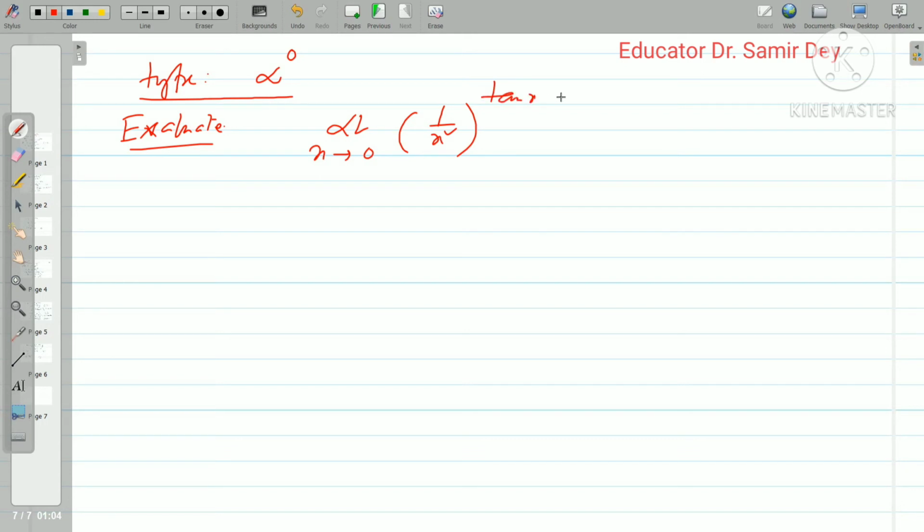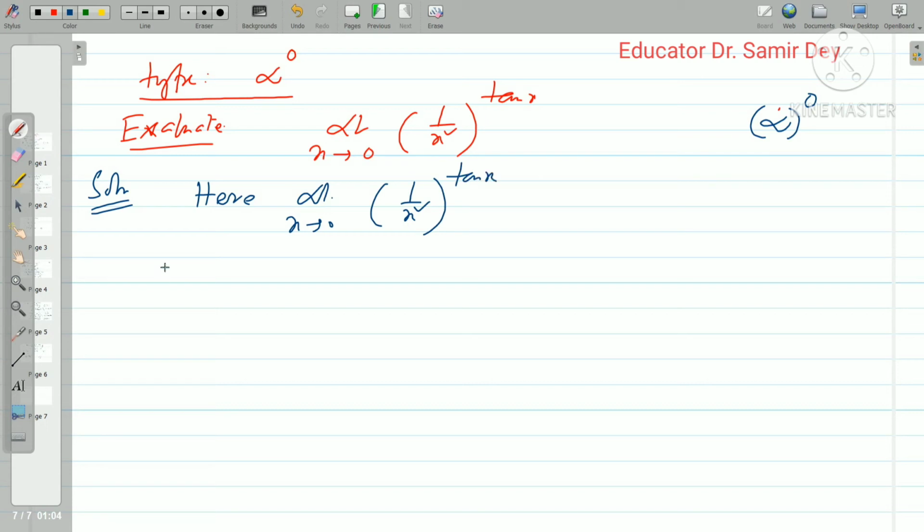So basically this is also an infinity to the power 0 type problem. Now try to understand how to solve it. Very simple. Here limit x tends to 0, 1 by x square to the power tan x.